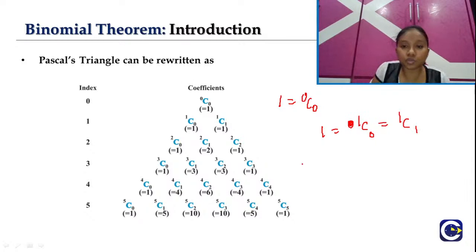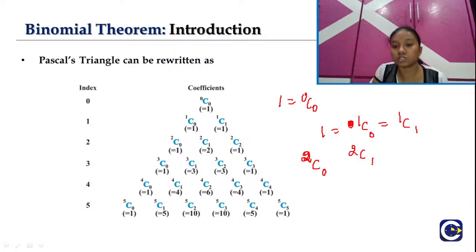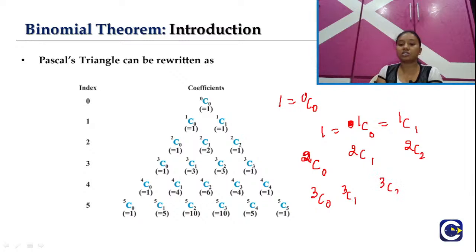For index 2, the top number will always be the index, so it will be 2, and the bottom starts from 0: 2C0, 2C1 and 2C2. So 3 coefficients. If we have index 3, there will be 4, that means 3C0, 3C1, 3C2 and 3C3. Comparatively, this will be easy.